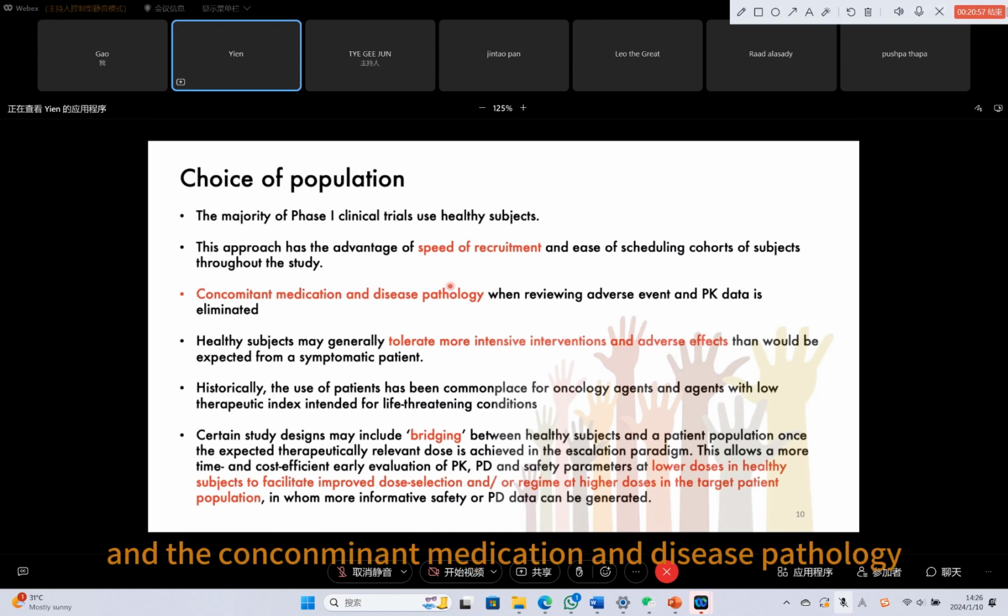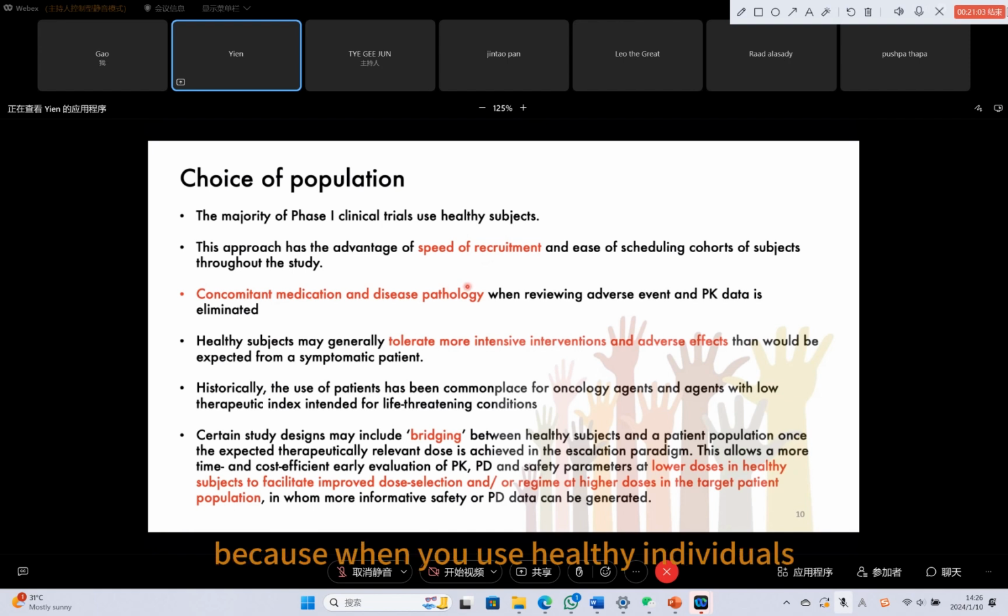Also, concomitant medication and disease pathology in patients can be eliminated, because healthy individuals are not taking any medication. Hence, there is no medication that will interfere with your clinical trial. And healthy subjects may generally tolerate more intensive intervention and adverse effects as compared to patients.